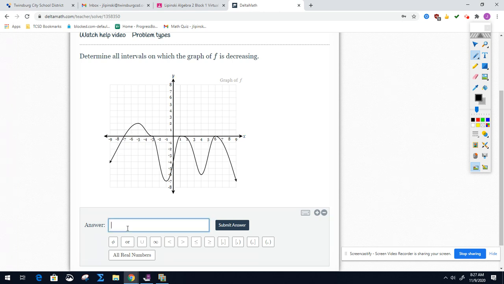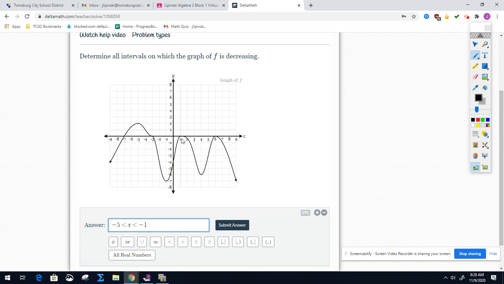So we would say from negative 5 to, and this is still decreasing all the way down here to negative 1. Notice how I don't write negative 7. I'm only writing the x values. So we say negative 5 is less than x is less than negative 1. That's where it stops decreasing.